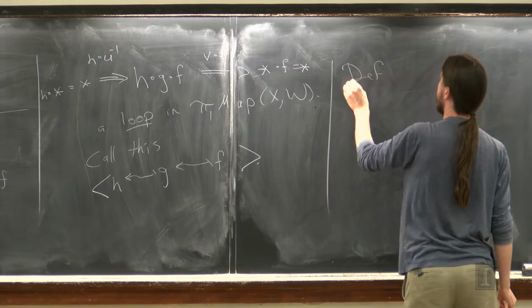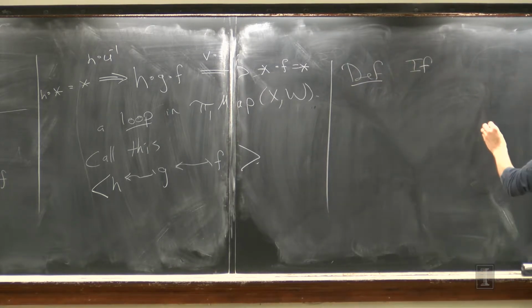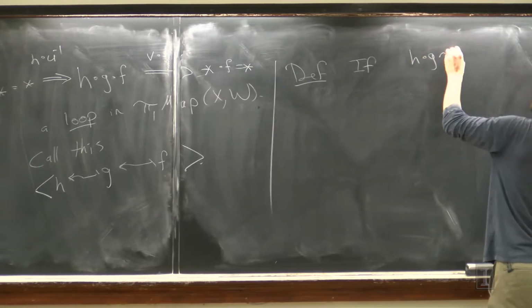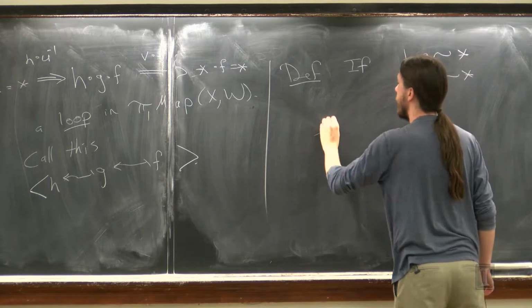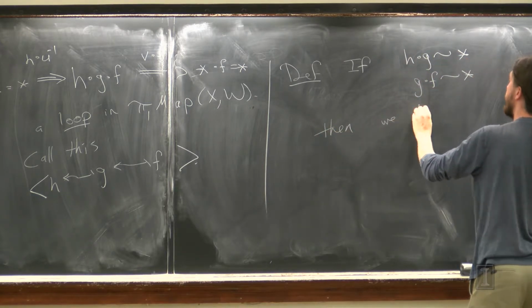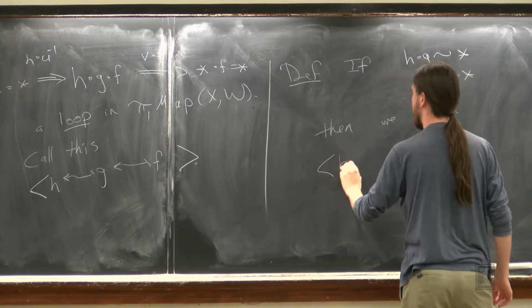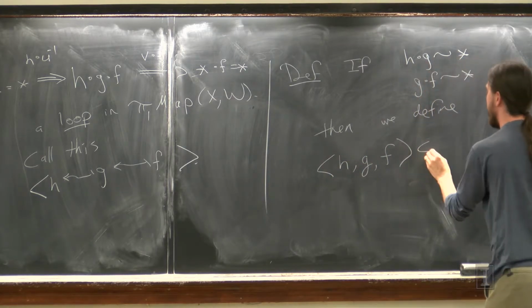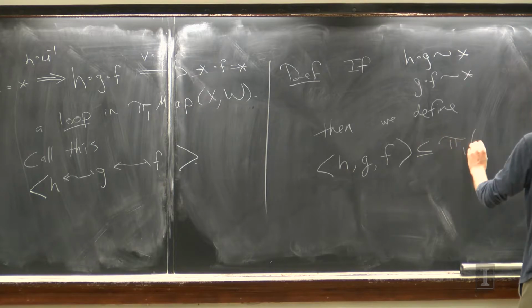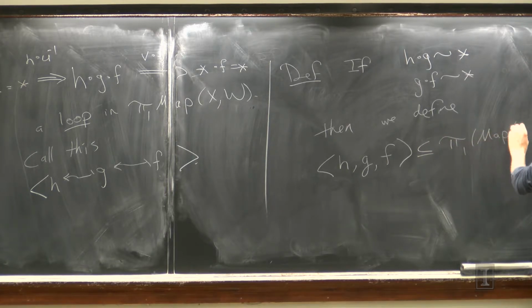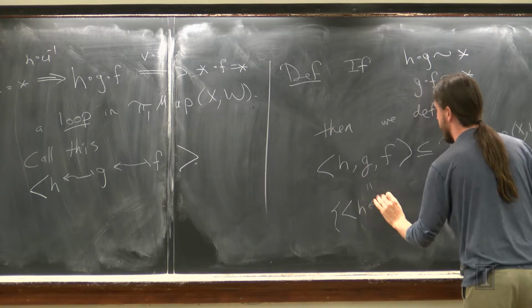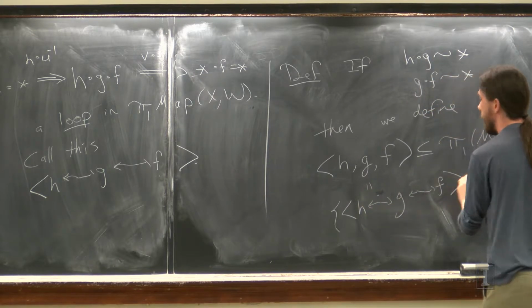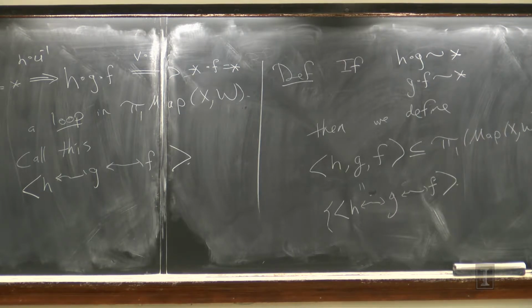So then, if we have the following setup where H composed with G is just homotopic to the base point, and G composed with F is homotopic to the base point, then we define the actual bracket, H comma G comma F. Now this is a subset of pi1 of the mapping space. And it consists of all the possible choices of secondary composites like this, all the possible ways that we can get a loop by choosing a tethering of H composed with G and choosing a tethering of G composed with F.